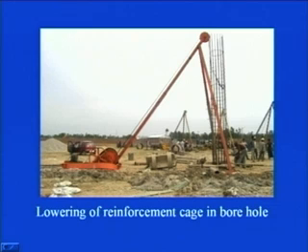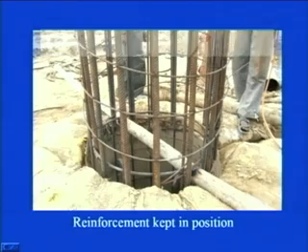Once it is welded, they lower down this remaining part, and so on. So in one go it is not being lowered. You can see that with the help of this rig, they just go on lowering this particular reinforcement cage.